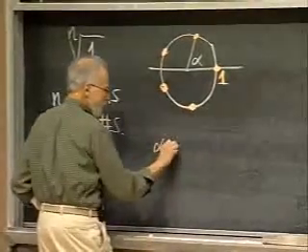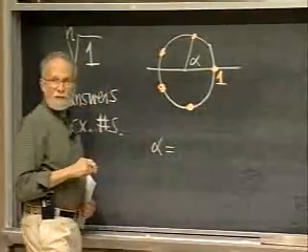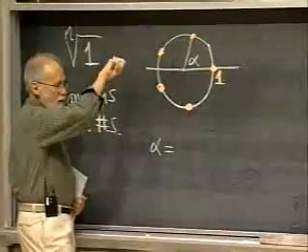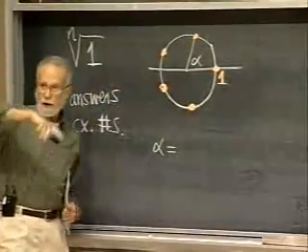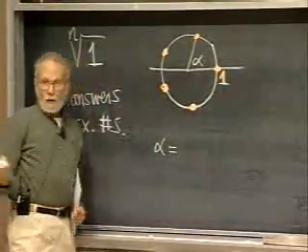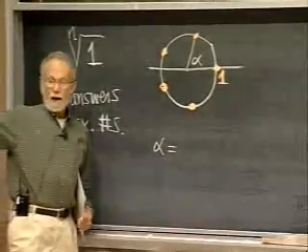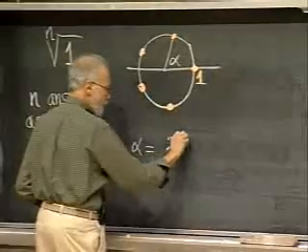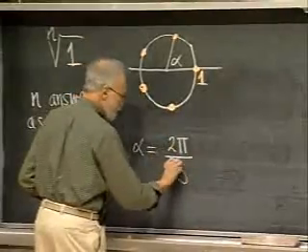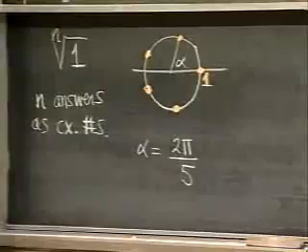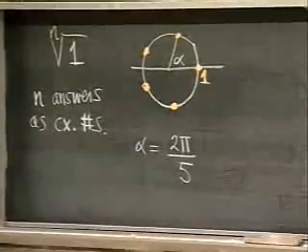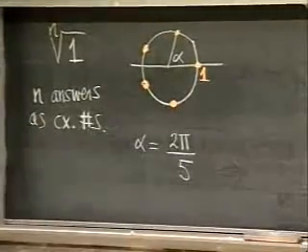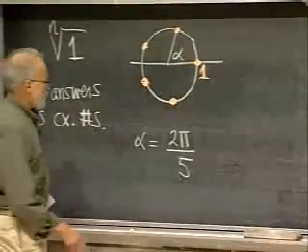Alpha should be the angle, what would be the expression for that? If there are 5 such equally spaced, it will be 1/5 of all the way around the circle. All the way around the circle is 2 pi, so it will be 1/5 of 2 pi in radians. Now, it's geometrically clear that those are the 5 fifth roots.